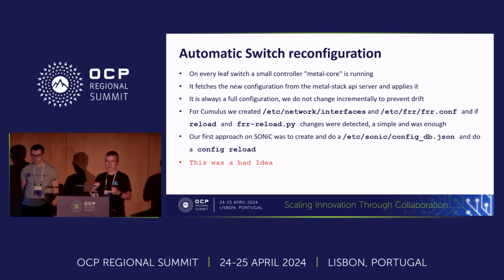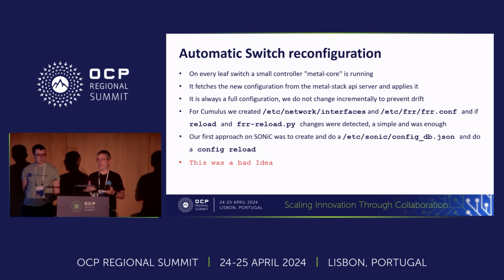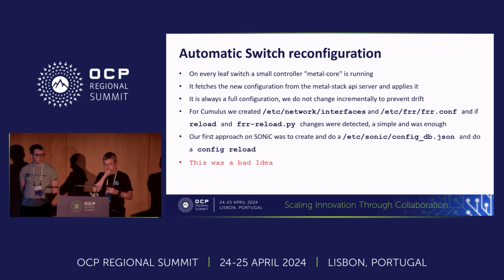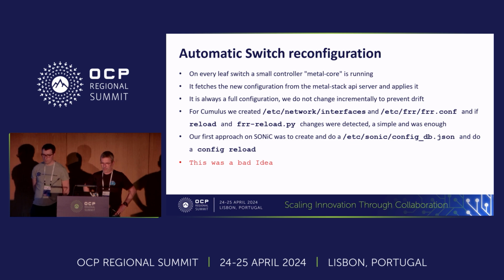And after we have written these files, always the whole file with the whole configuration, so we do not do any incremental modifications, an ifreload and FRR reload was sufficient to apply the newly created configuration on the Cumulus switch. And then the switch port affected by the new machine changed its configuration. This was our approach for Cumulus, and this is working fine on about 100 switches for 5 years.